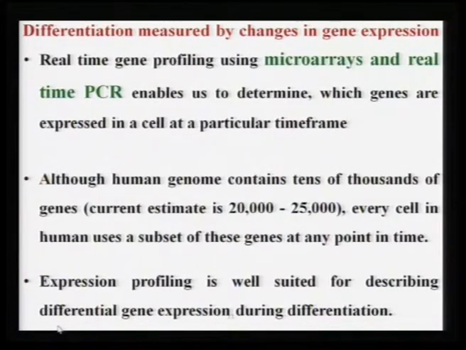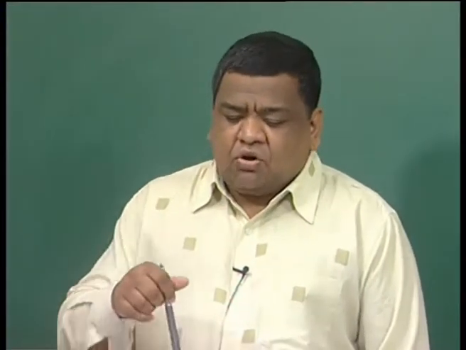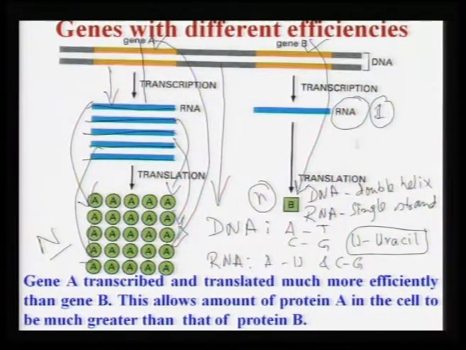Now, real time gene profiling. As I said earlier, although gene A and gene B are contained within the same DNA, gene A and gene B can have different efficiency. Efficiency here is measured in terms of how many protein molecules the gene can finally synthesize. So, from gene A, RNAs are formed by transcription.